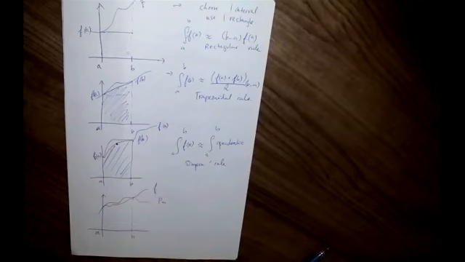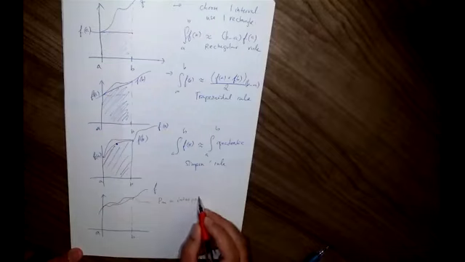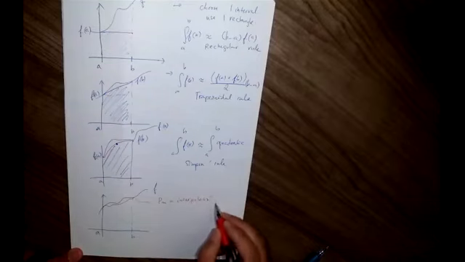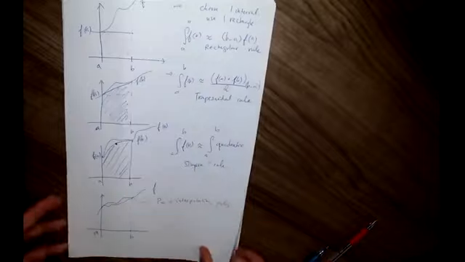And I want the function to be approximated by the polynomial in a good way. So it's very reasonable to choose Pm to be the interpolation polynomial. So you interpolate.